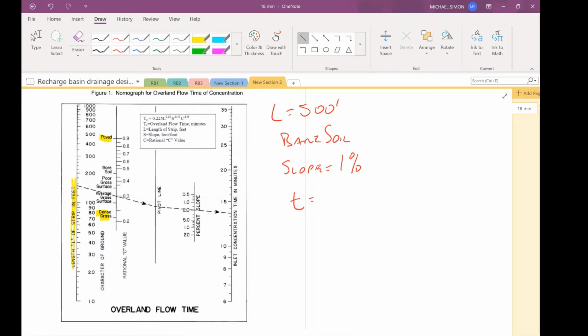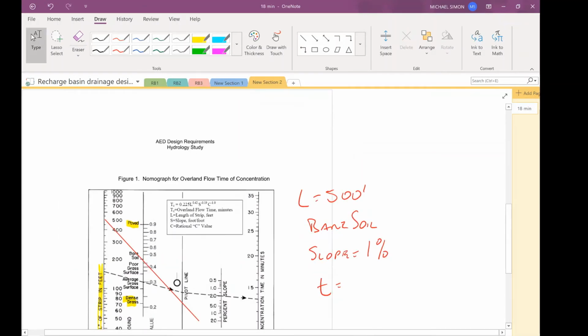I'll show you on this one, and you can print it out later and try them on your own. I'm going to start out with 500 feet and take that through bare soil.